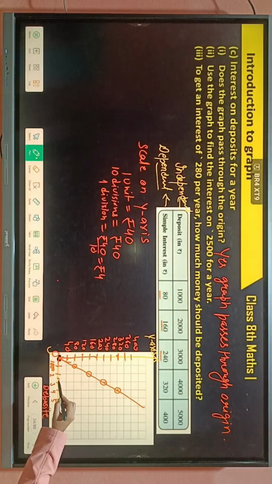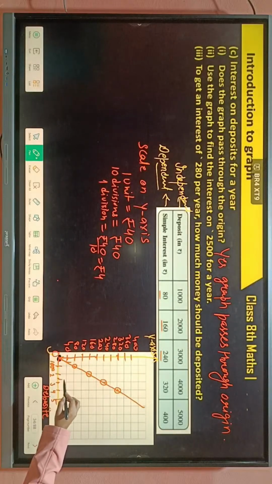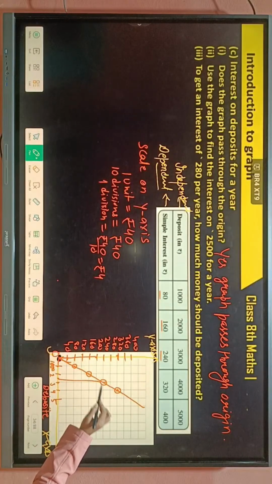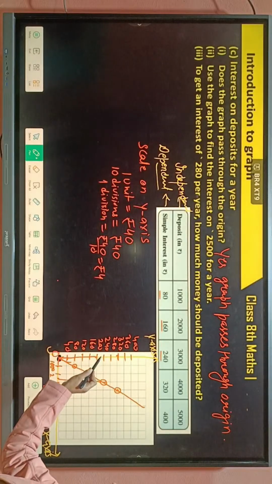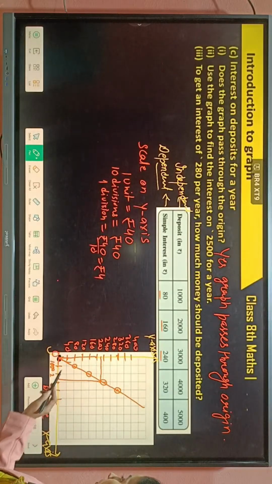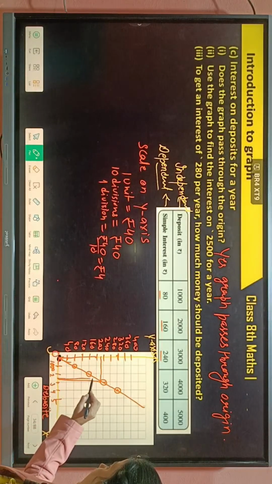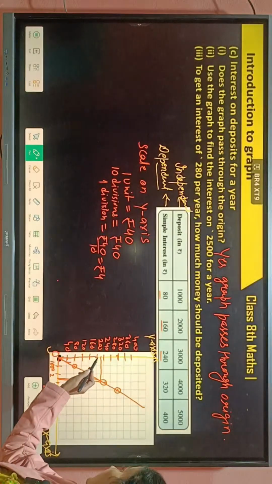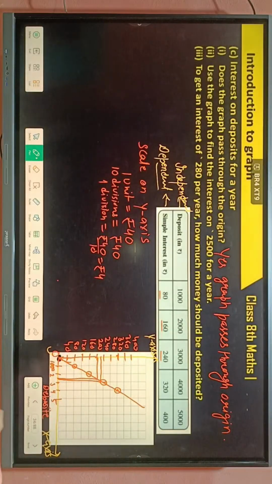You will consider one scale and join this point there to there, and then you will see what will be the interest. I'm using just an approximate value here. Understand?